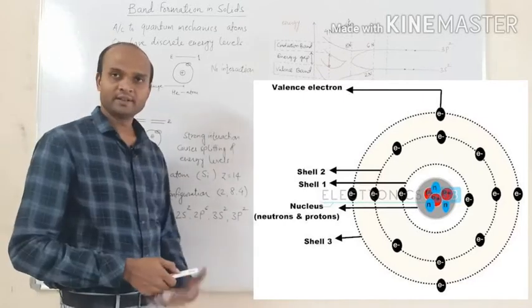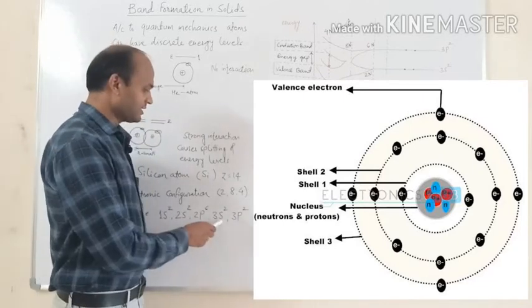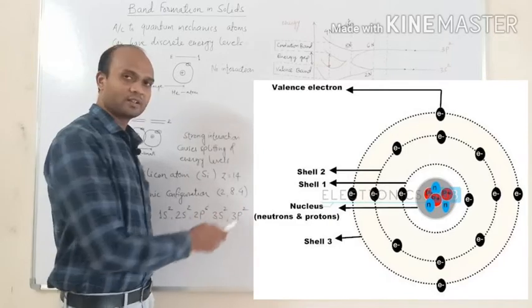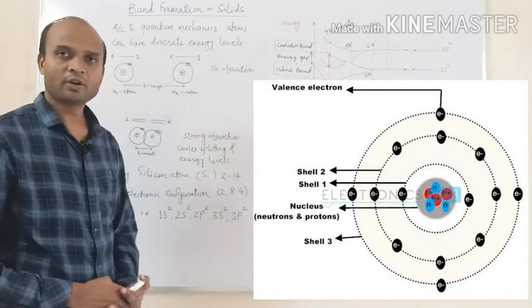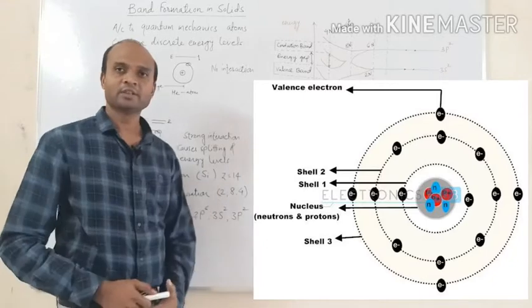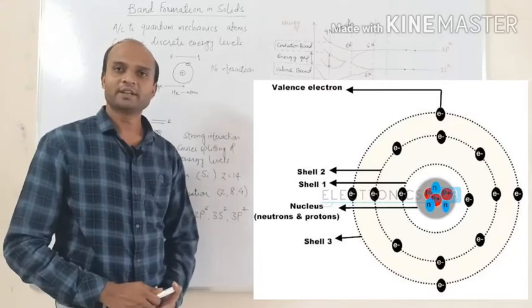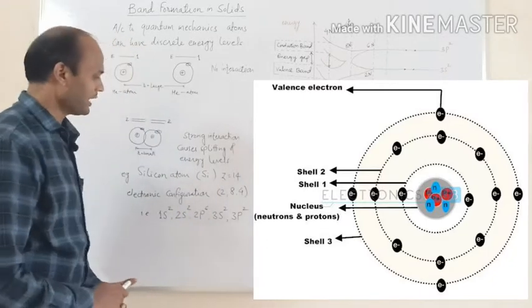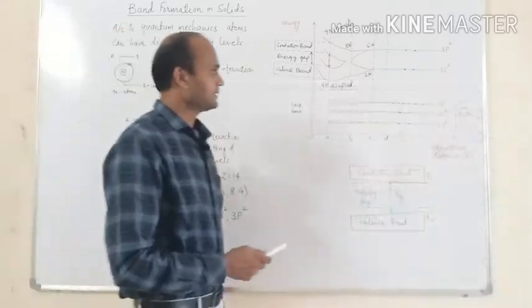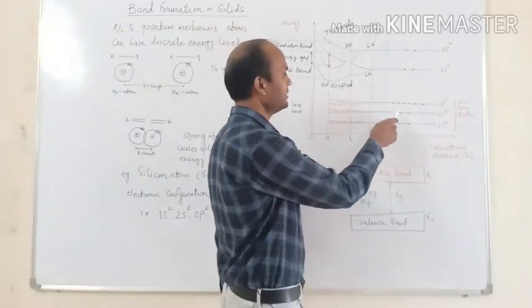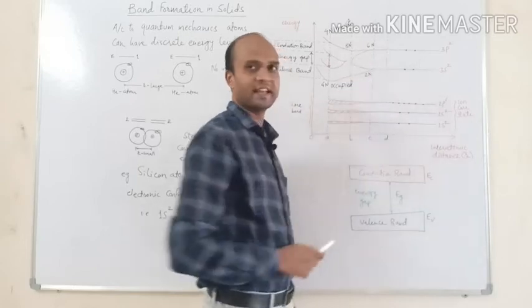And the third orbit, its s orbital contains 2 and p orbital contains 2. So the third orbit or shell contains 4 electrons. So this is the electronic configuration of silicon. Now we can show these energy levels like this.